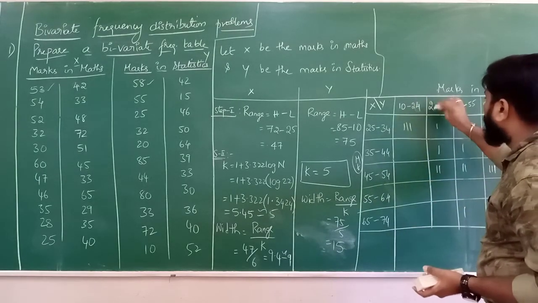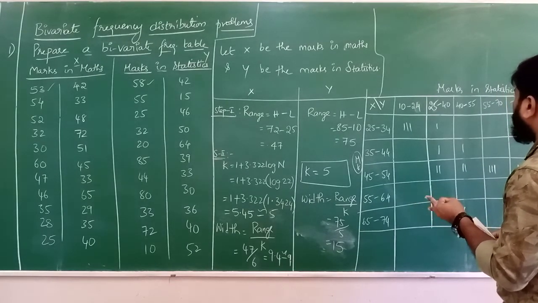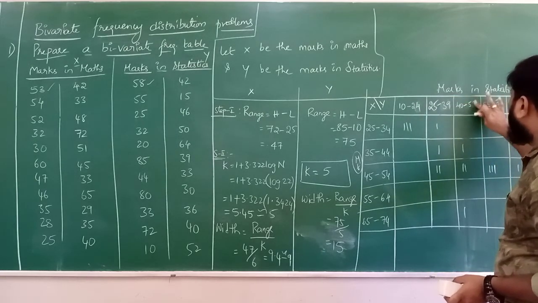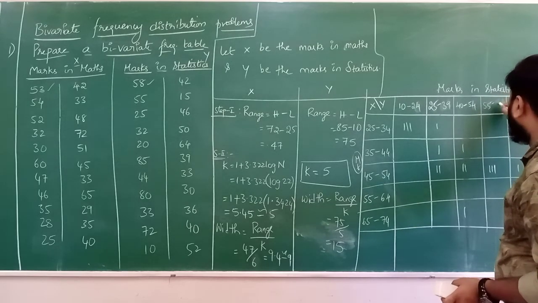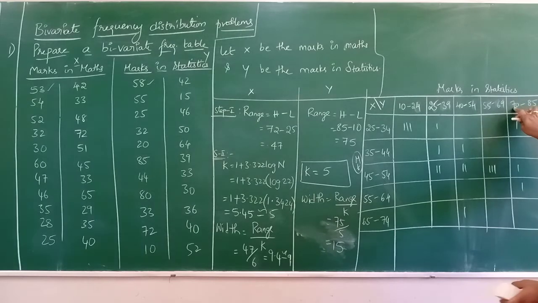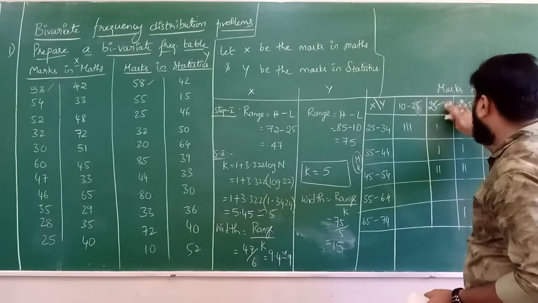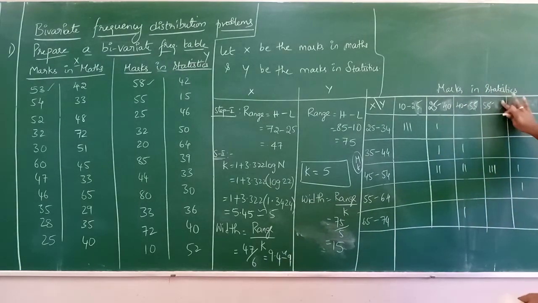Make this also class 12, 25 to 39, 40 to 54, 55 to 69, 70 to. And for the other variable, 25 to 40, 40 to 55, 55 to 70.